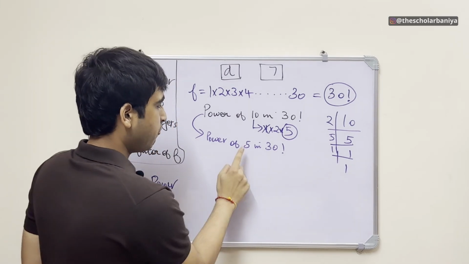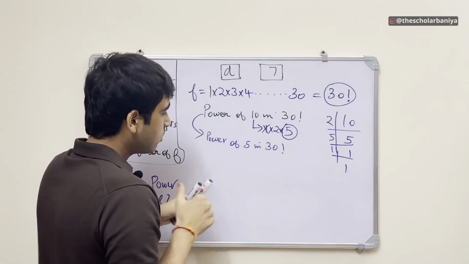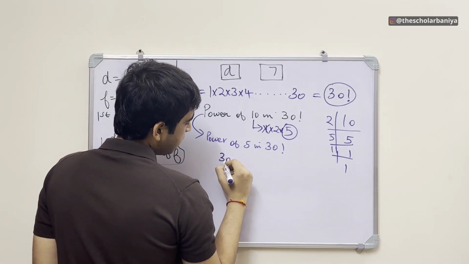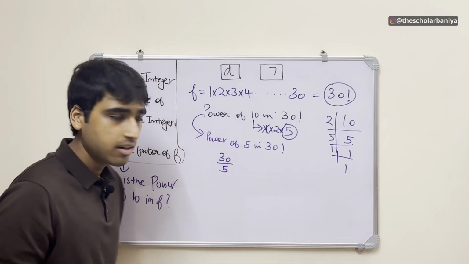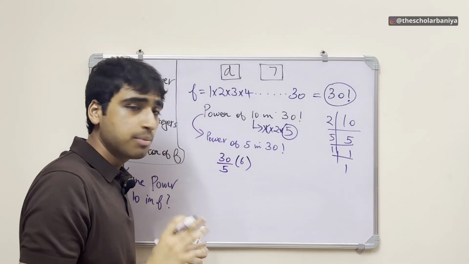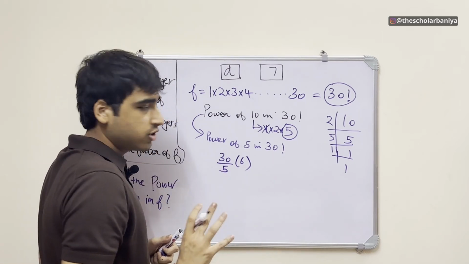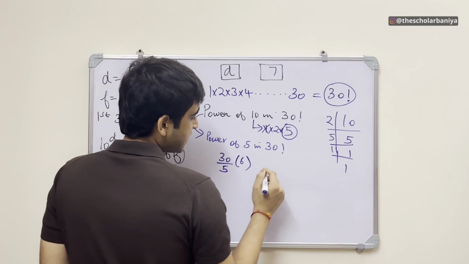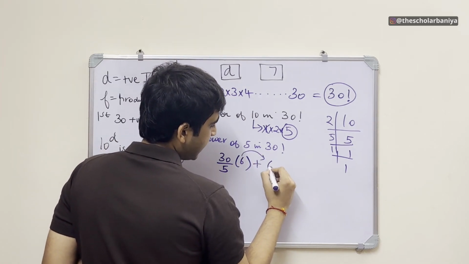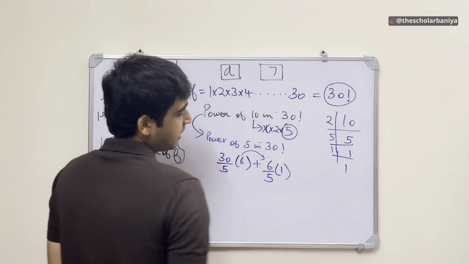And we know 5 is a prime number, so we can directly proceed now. We divide 30 upon 5. What do we get? We get 6. If you don't know this, check out the previous video. I've explained how to do this exactly, but I assume you have watched the previous video. So 30 upon 5 is 6. Then we divide 6 by 5.